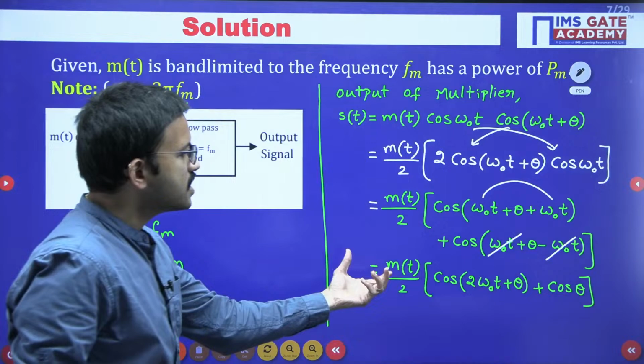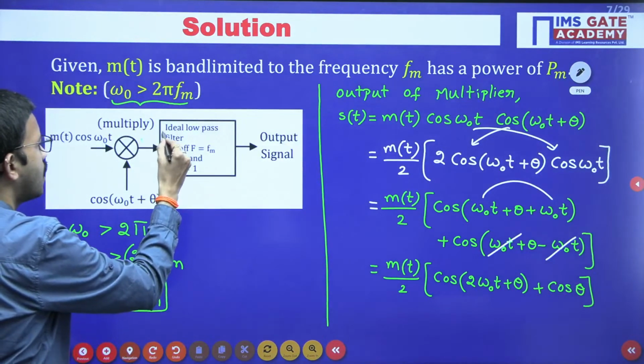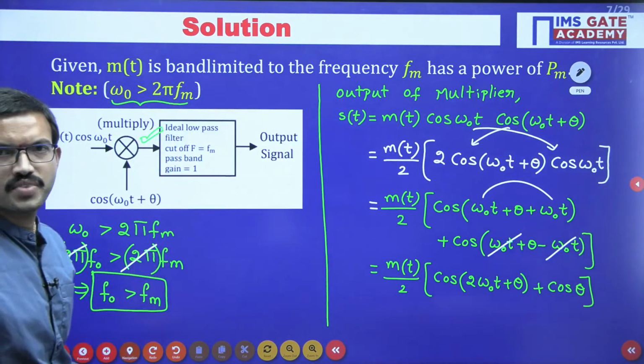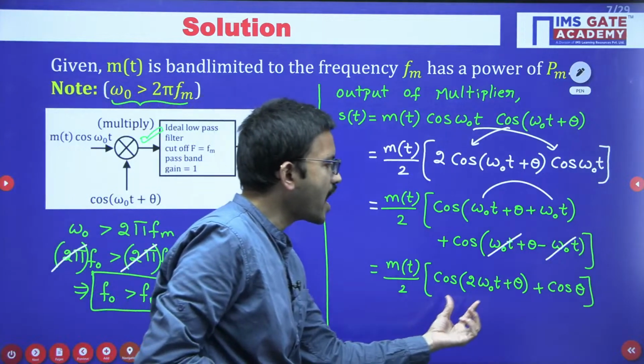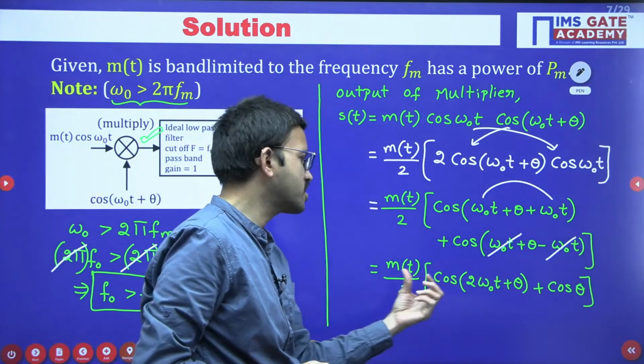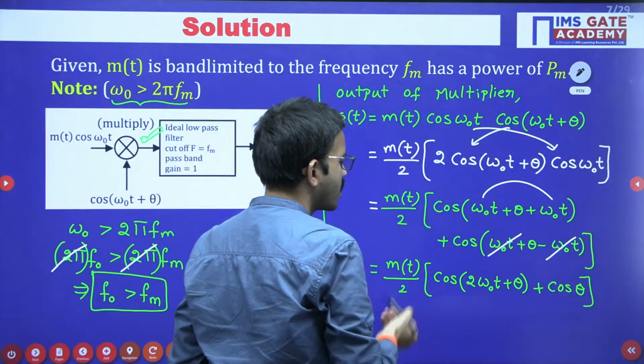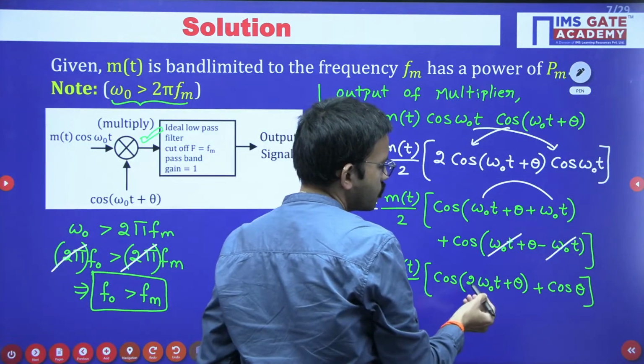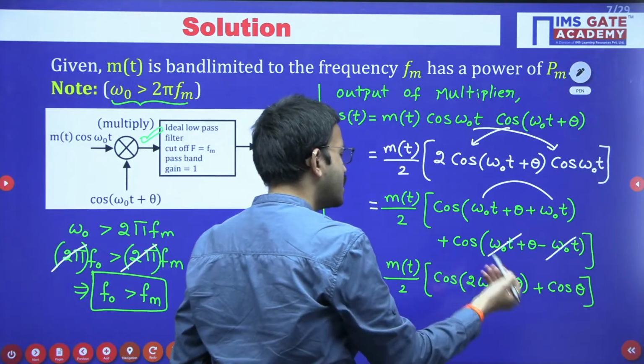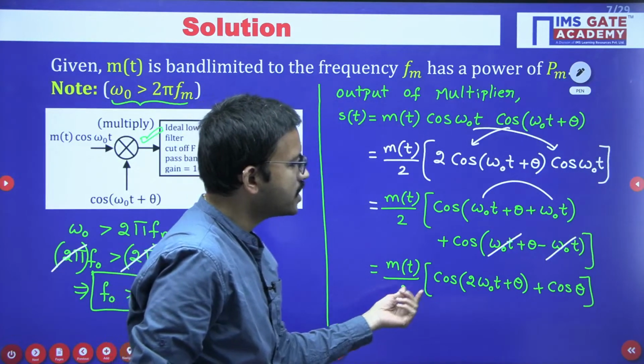So this is the signal that you are going to get at the output of this multiplier. At the output of the multiplier, you have two terms. In the first term you have m of t by 2 into cos of 2 omega naught t plus theta, whereas the other term is m of t by 2 cos theta.